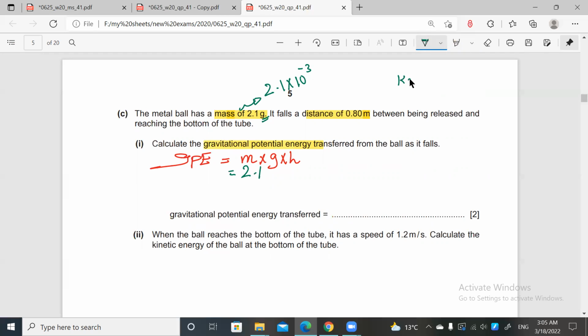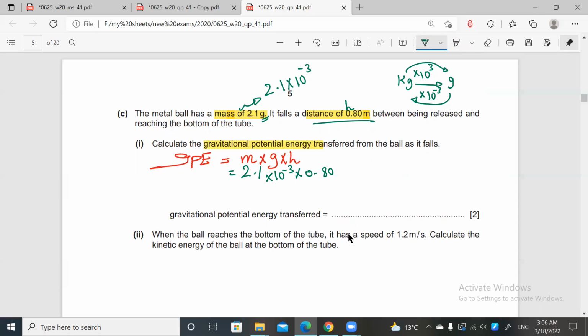That's because in the kilogram, either I multiply by 10 to the power 3 or multiply by 10 to the power -3 from a gram to a kilogram. Okay, that's just for conversion. Times 10 to the power -3 times the height. This is the height, this is the distance, equal to 0.80 meter.